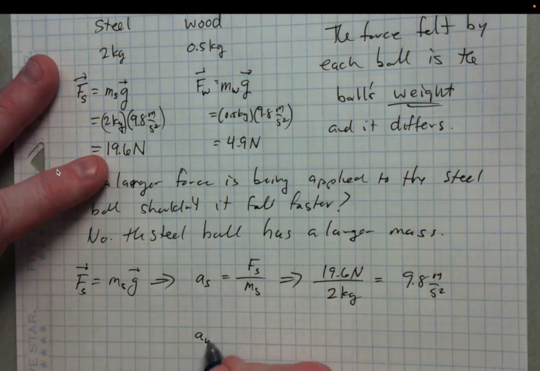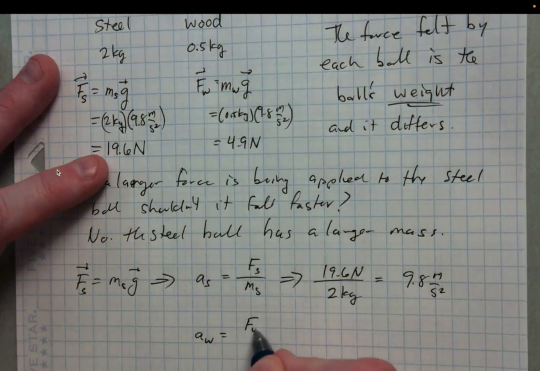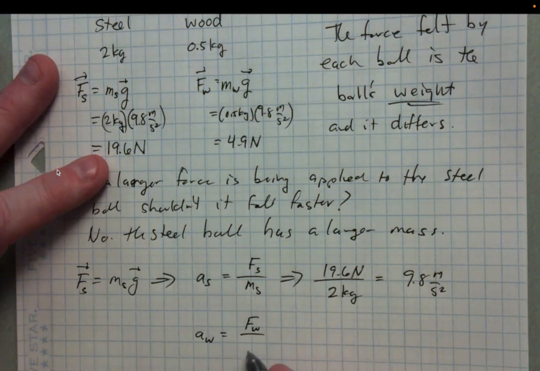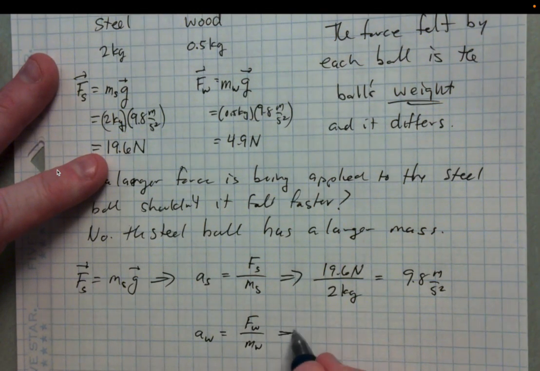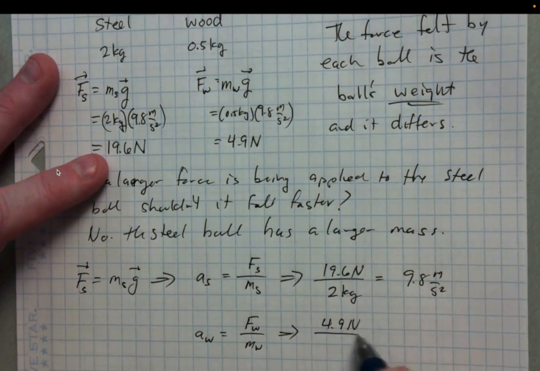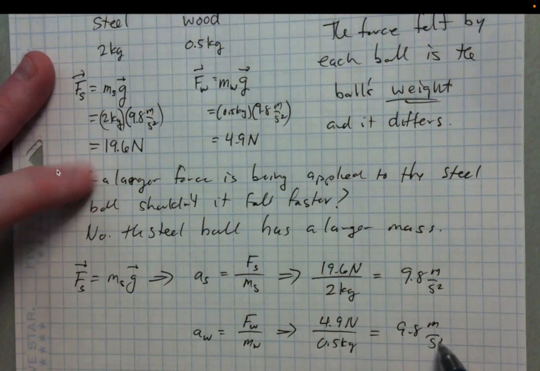The acceleration of the wood would be equal to the force applied to the wood by the Earth divided by the wooden ball's mass, so 4.9 newtons divided by 0.5 kilograms, and again we see 9.8 meters per second squared.